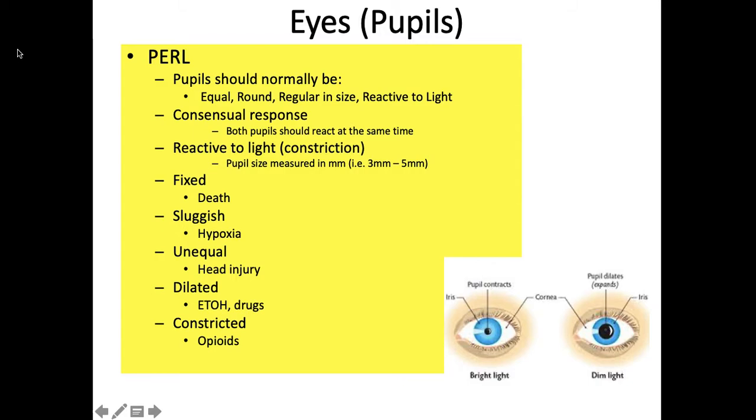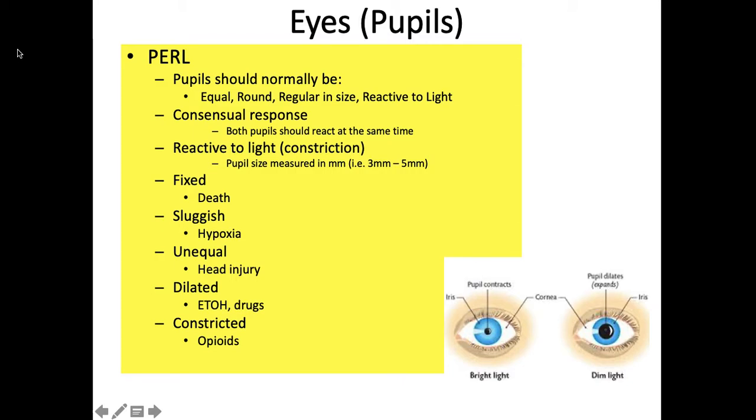Most adults, usually around 4 millimeters or so is average size. Then you're going to apply the light, and you're going to see how these pupils constrict. These pupils should constrict equally at the same time and at the same rate. If one pupil's bigger than the other, or it doesn't react like the other one, that's abnormal.